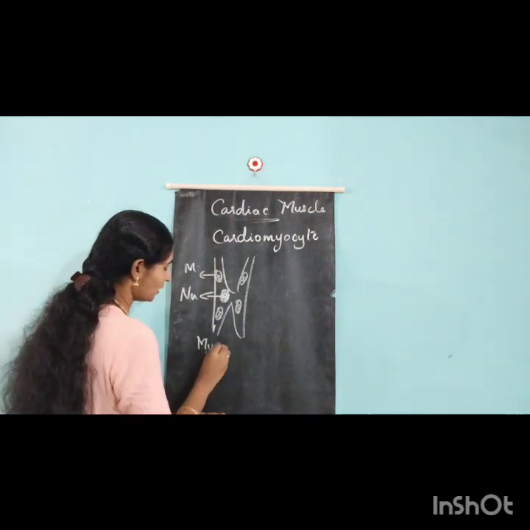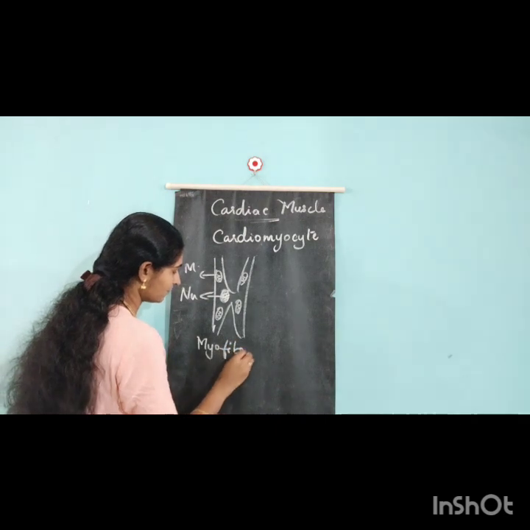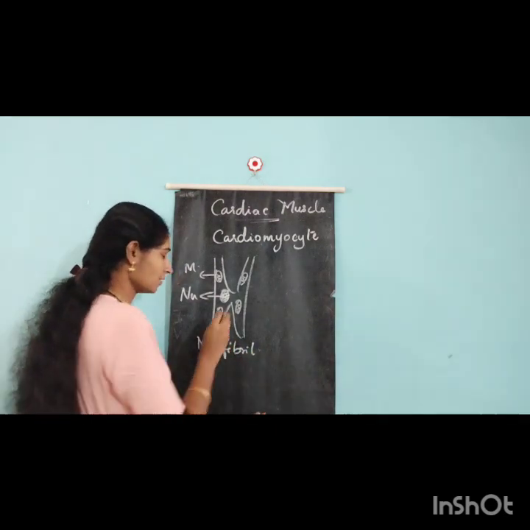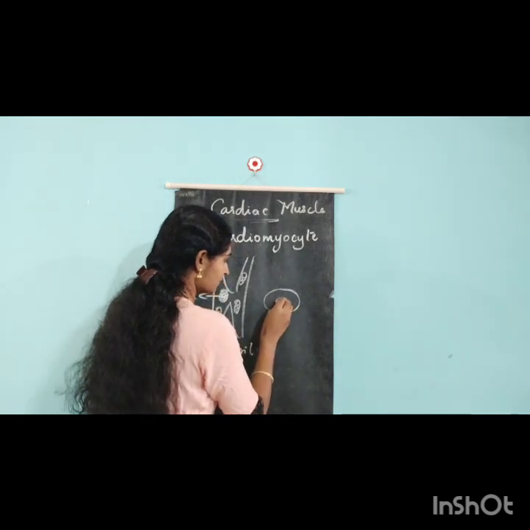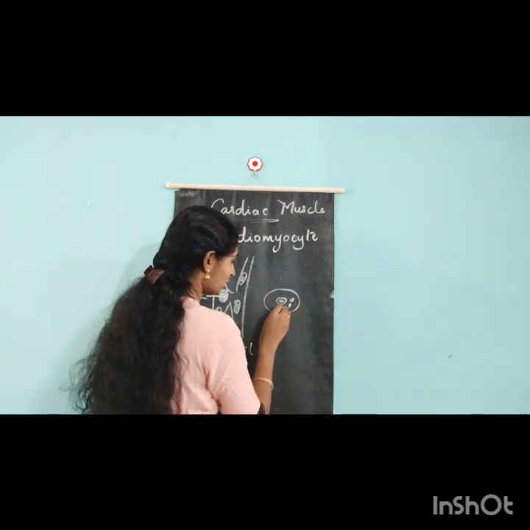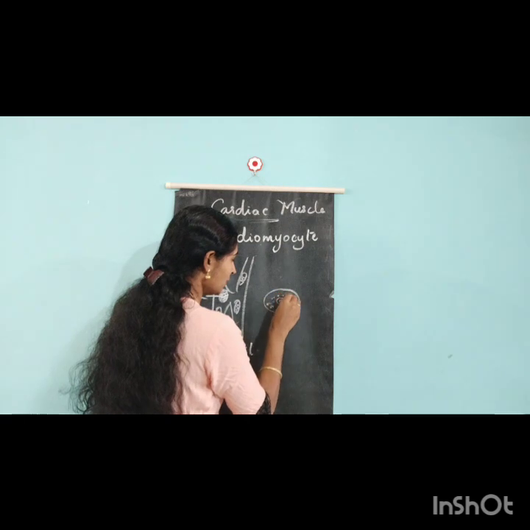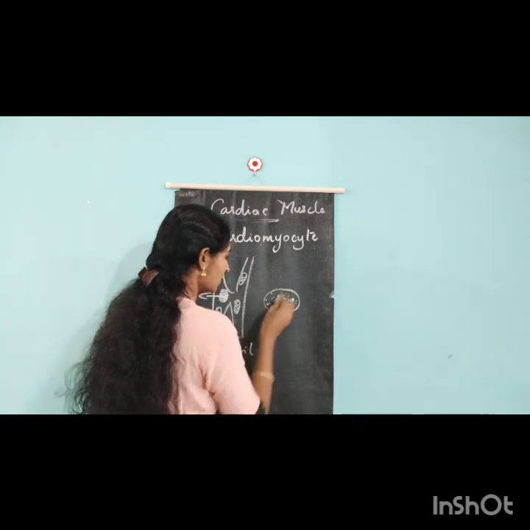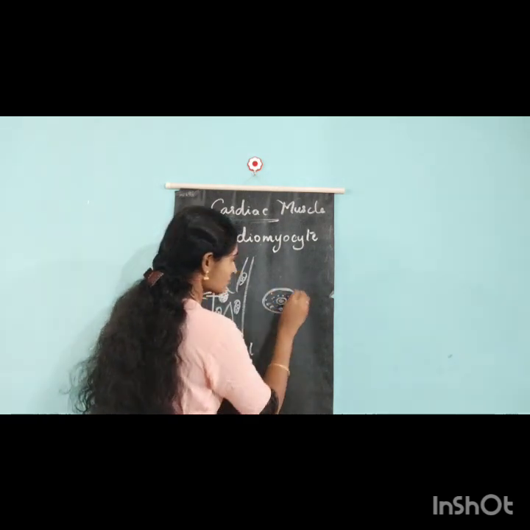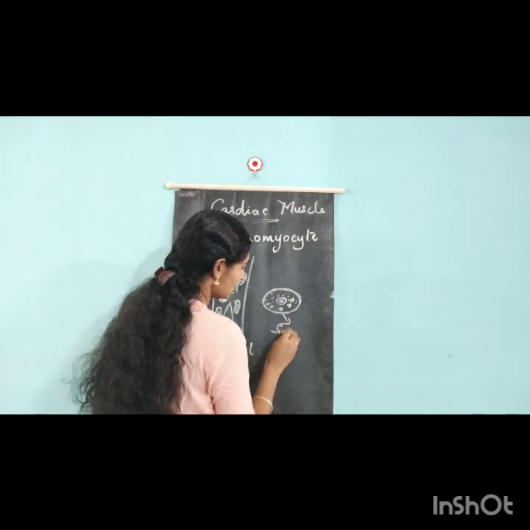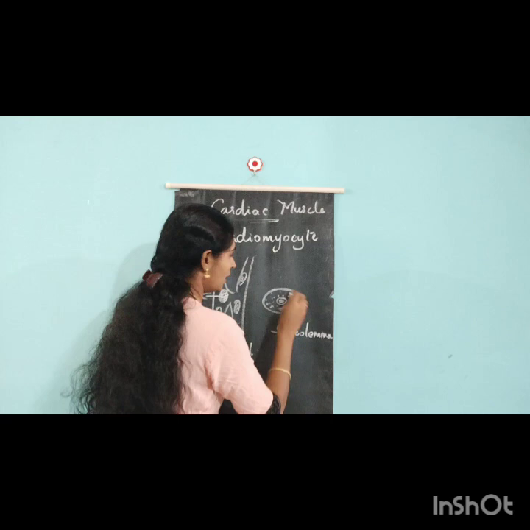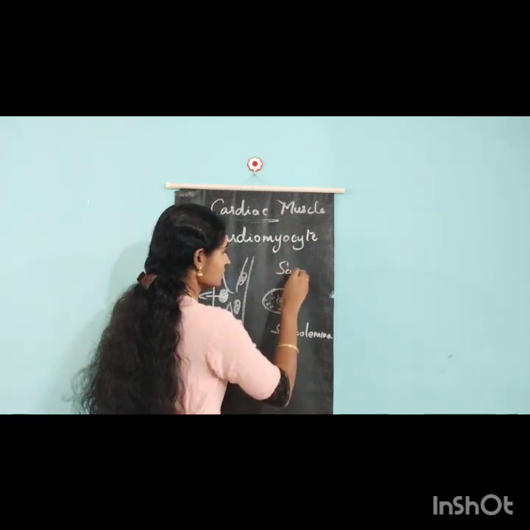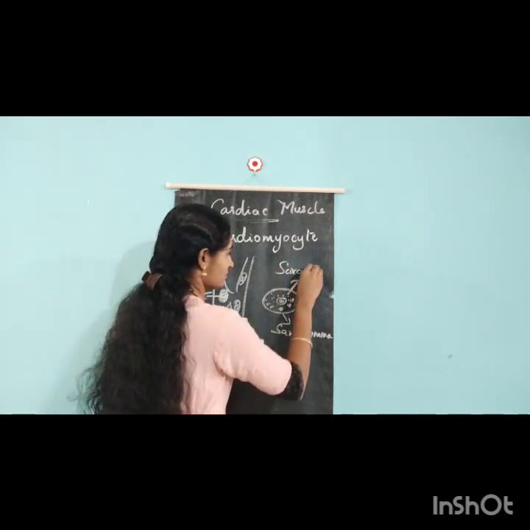What is it? Myofibril means the cell, one nucleus, many mitochondria and many myofibrils are there, and the outer layer is called as sarcolemma, and inner thing it is called as sarcoplasm.